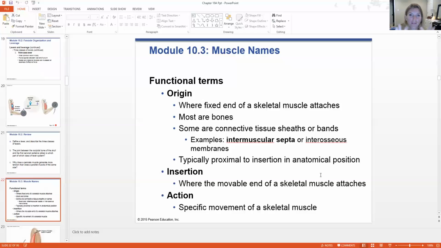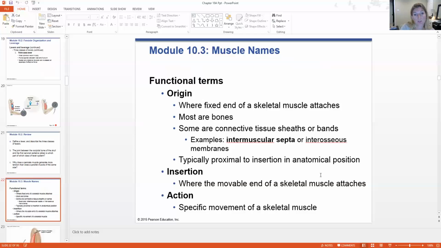So let's talk about some of these parts and how they apply to our muscles, and then we'll look at some muscles specifically and kind of flip through them. The origin is the part of the muscle that attaches to the fixed end of the body. So in other words, this is the part that doesn't move. Usually it's proximal or medial in anatomical position.